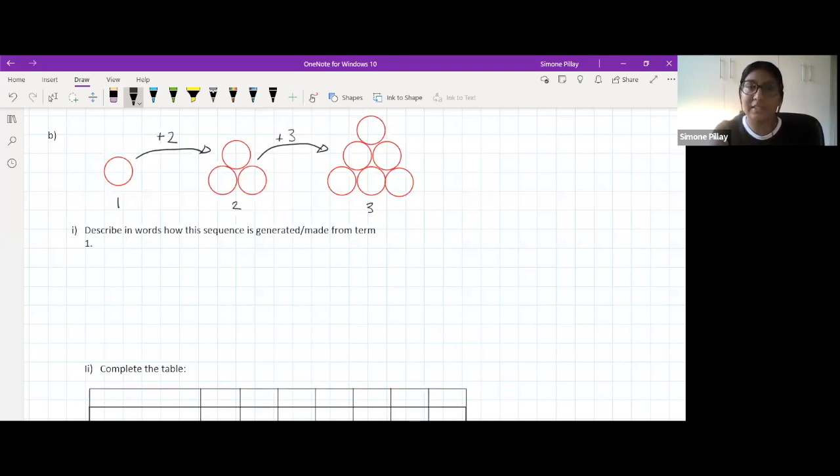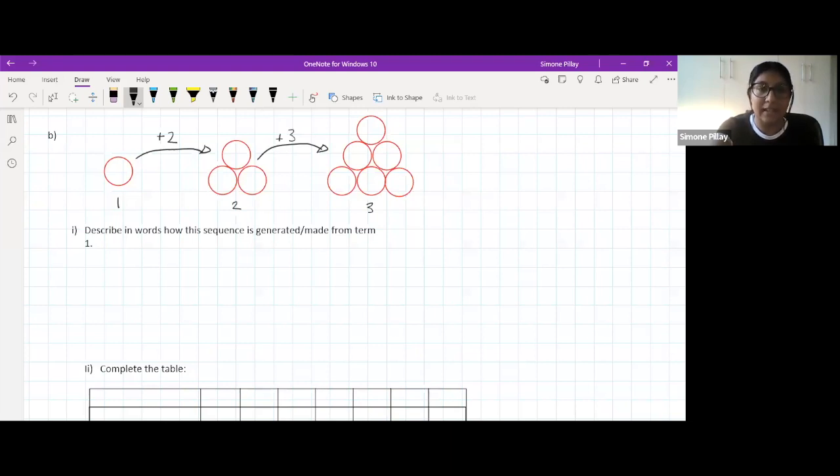But now we don't have a constant difference. So how exactly am I going to describe this pattern in words? I did not add 2 every time because look at the first jump. In my first jump, I added 2. In my second jump, I added 3. So we're not adding 2 every time.